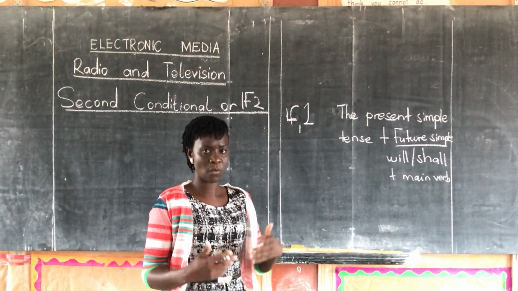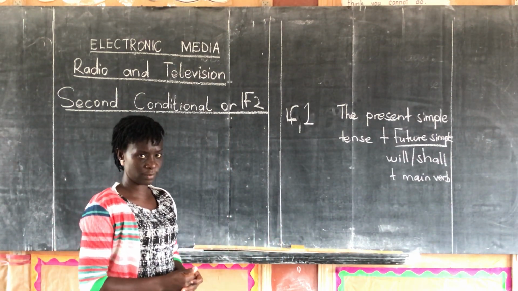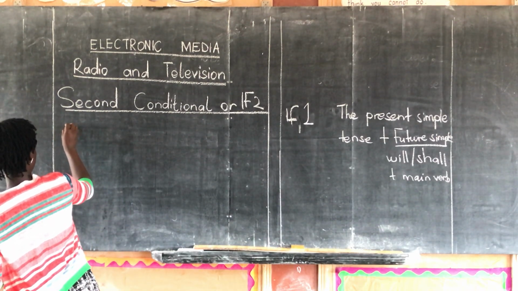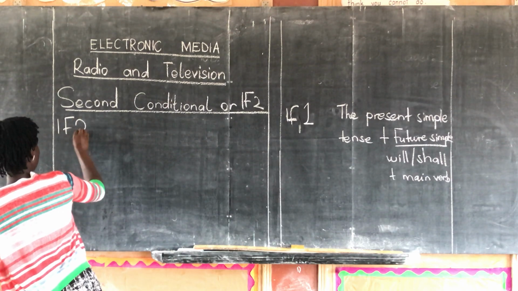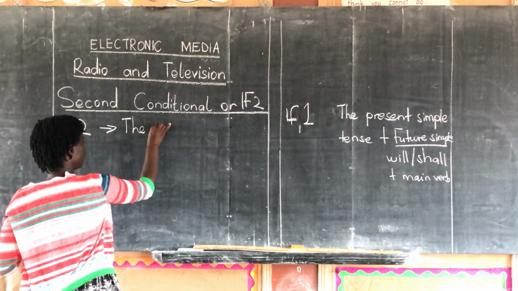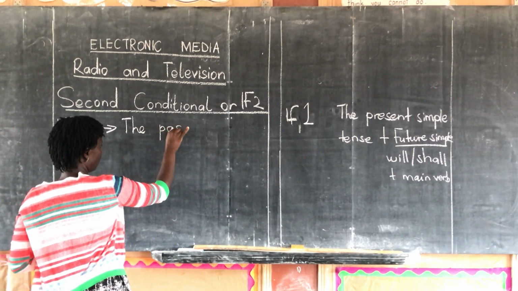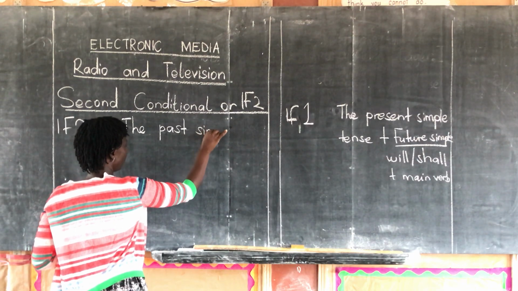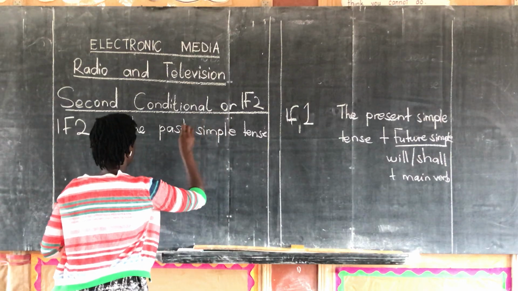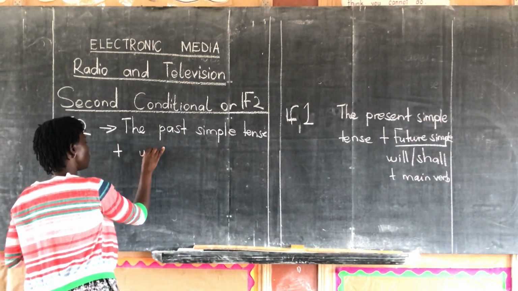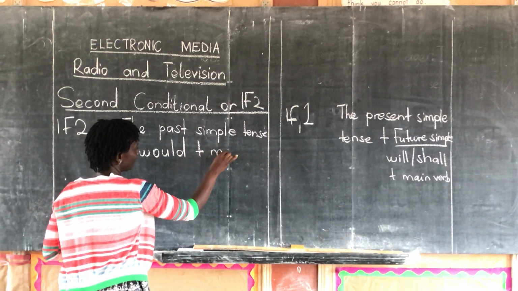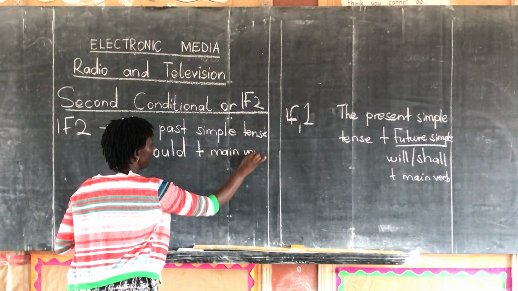What happens in the second conditional? The second conditional, or if 2, takes the past simple tense plus would plus main verb.